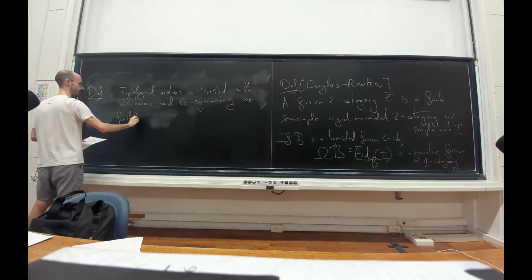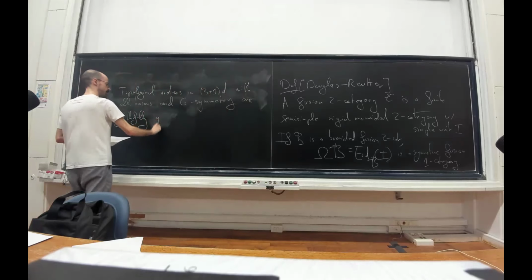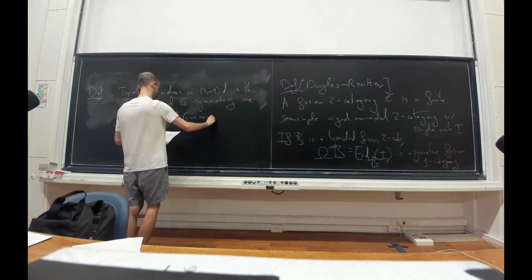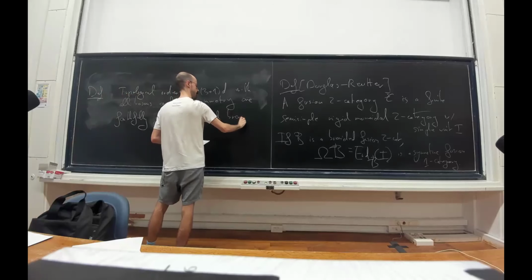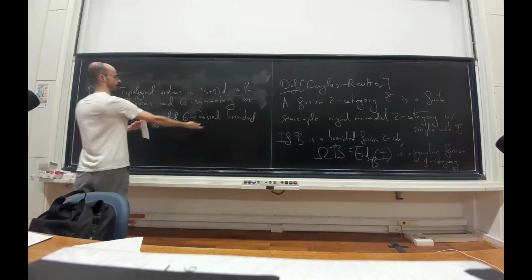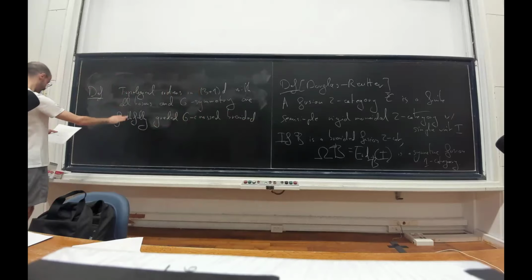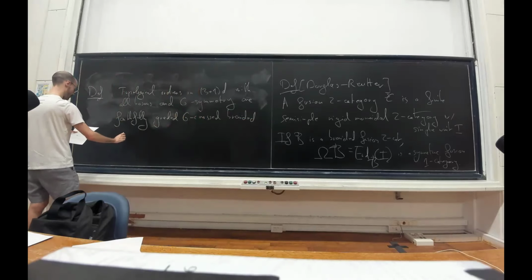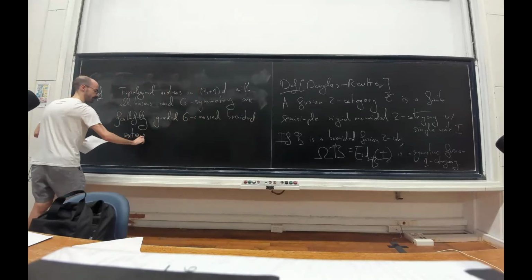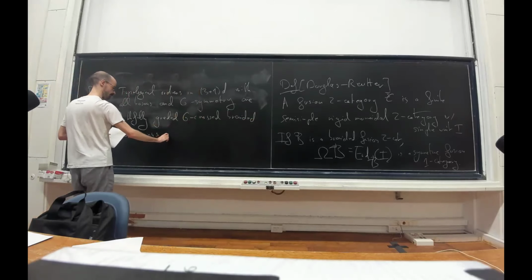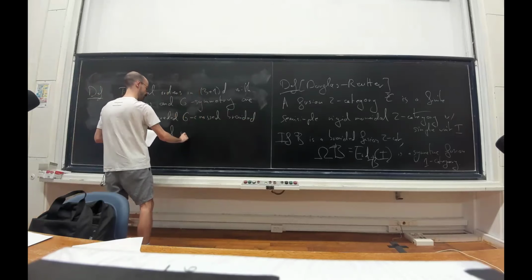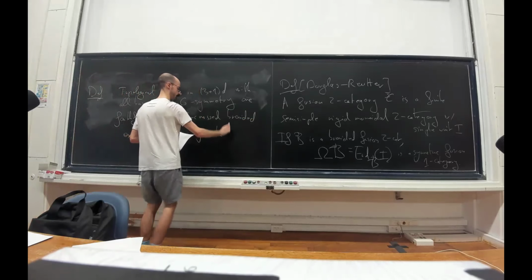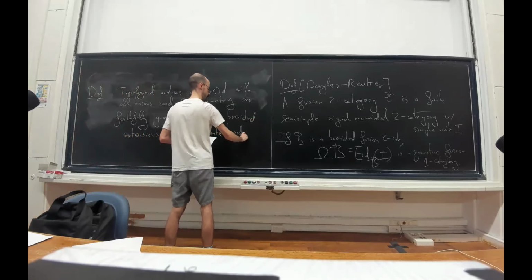I'm going to write a lot of adjectives, mostly for experts. This kind of G-crossed extension is a technical condition that you need, but don't worry about this too much. Extensions of non-degenerate graded fusion categories.